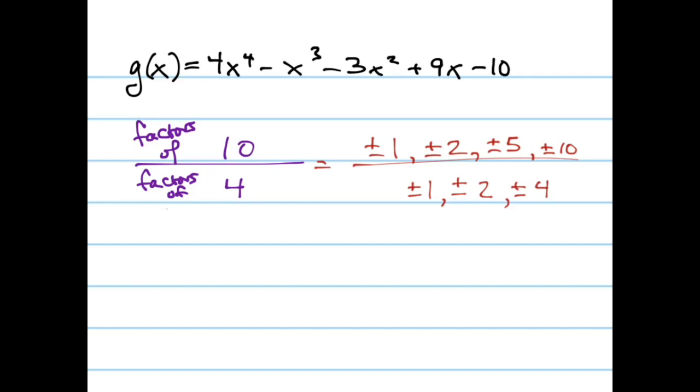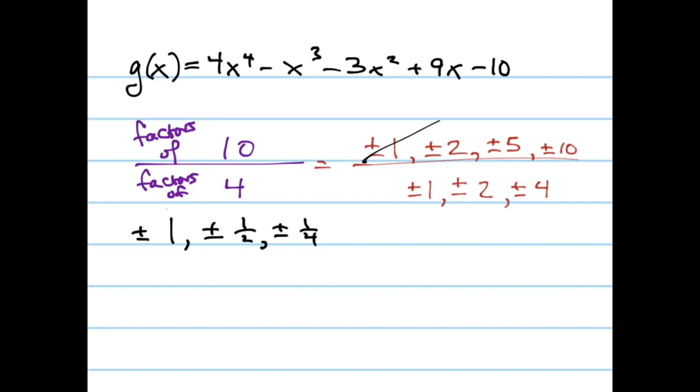Because we can have, as a numerator, 1 and a denominator of 1. So we could have plus or minus 1 over 1, which is 1. And we can have plus or minus 1 over 2. And we can have plus or minus 1 over 4. Okay? That takes care of this one.